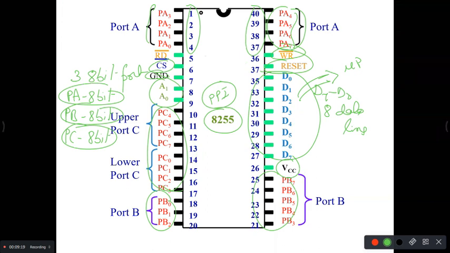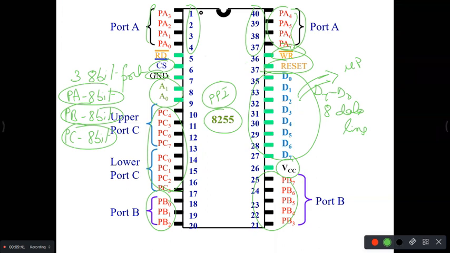Right? So that's what this A1, A0 is. This A1, A0 is going to decide what is the address of port A, what is the address of port B, what is the address of port C, and also what is the address of the control register.